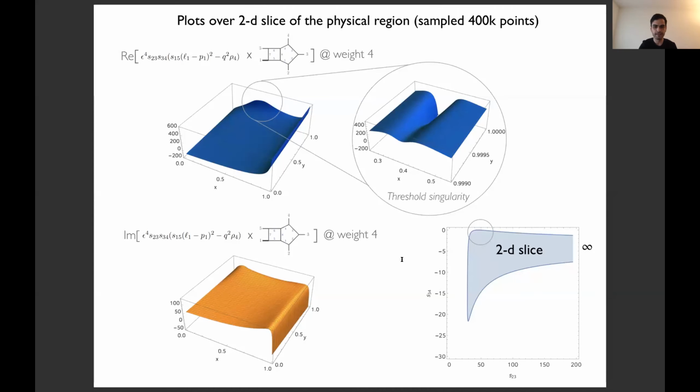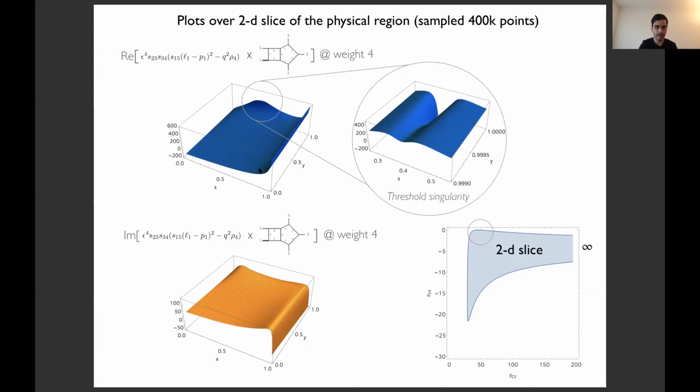And we can already recognize some features. As you can see, this region touches the physical threshold S34 equals 0. And this is reflected in this logarithmic divergence here. Actually, here you see there is a very fine structure. Nonetheless, it's straightforward to resolve this using our approach.